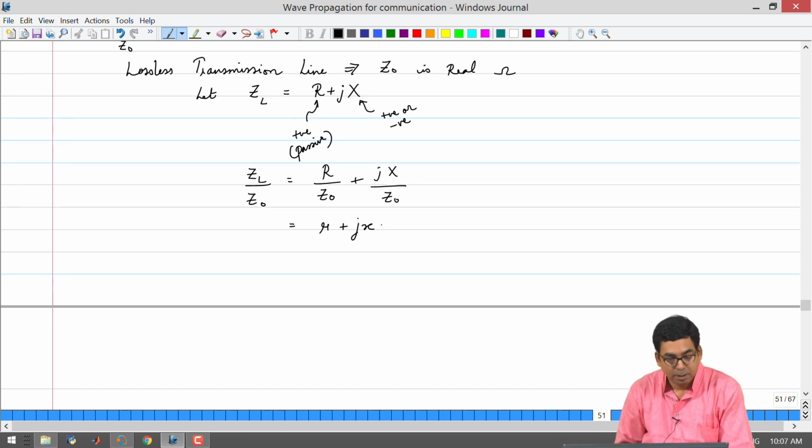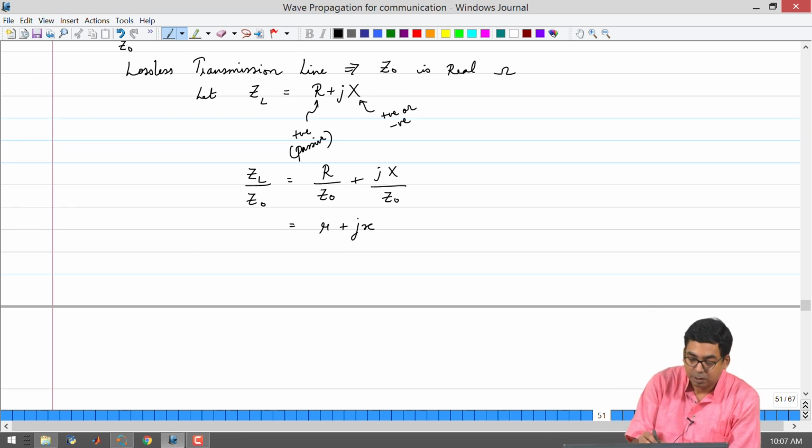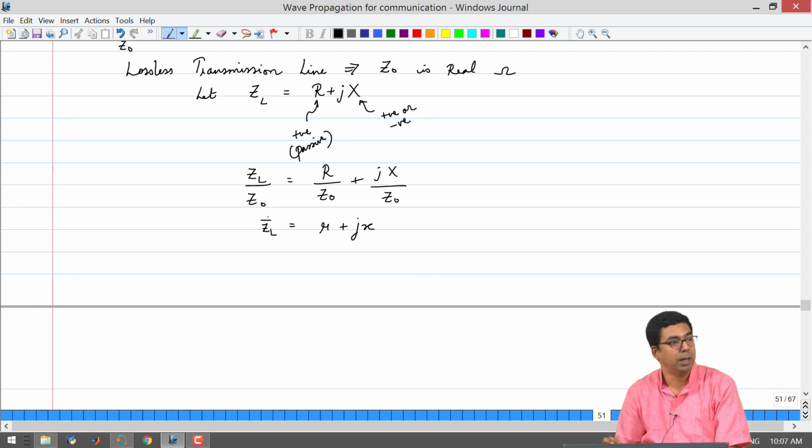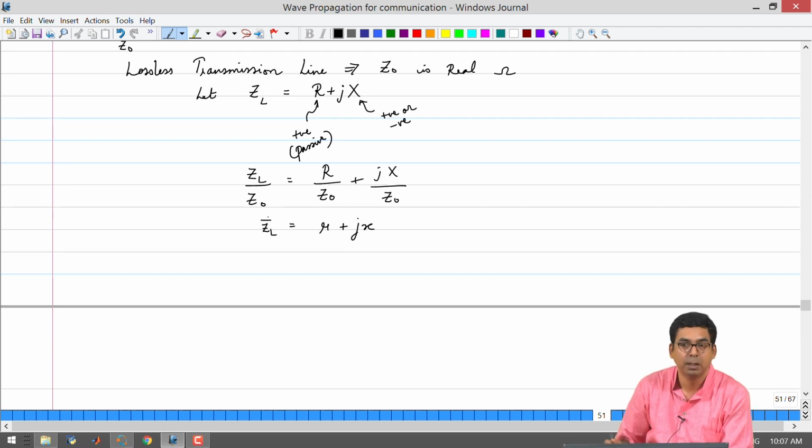Now, this is your normalized load impedance. Correspondingly, I will just make it ZL, because the capital ZL and small ZL look identical. I will just put a bar on the top to indicate that it is actually normalized with respect to the characteristic impedance of the transmission line. So, it is r plus jx.